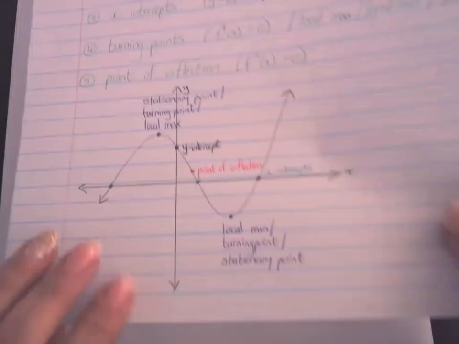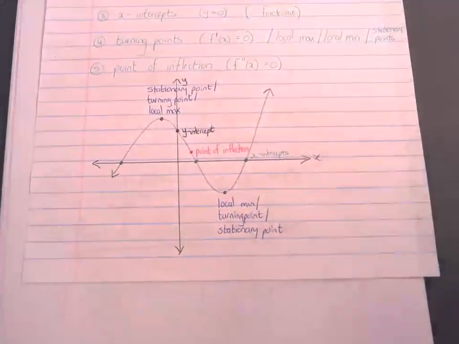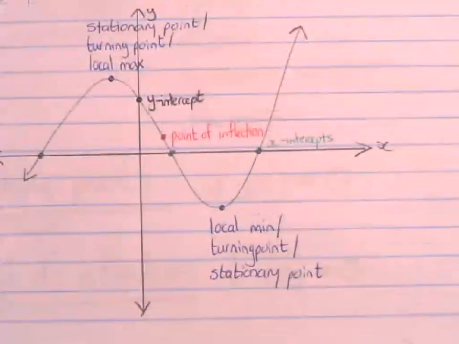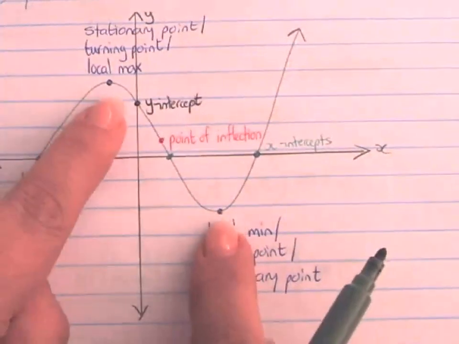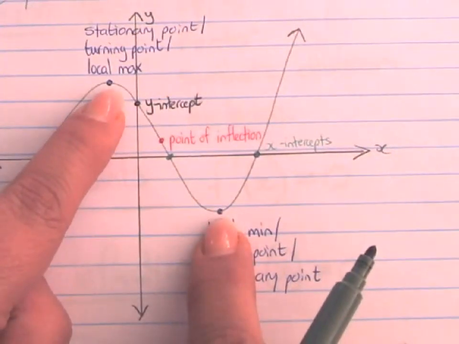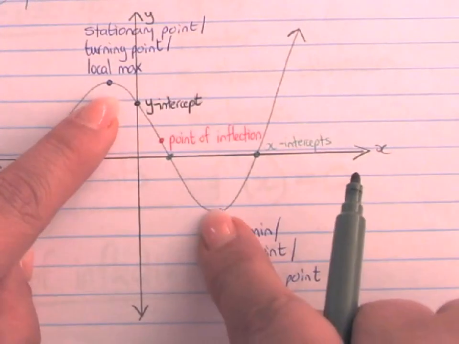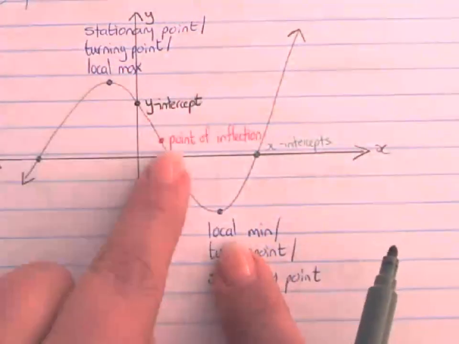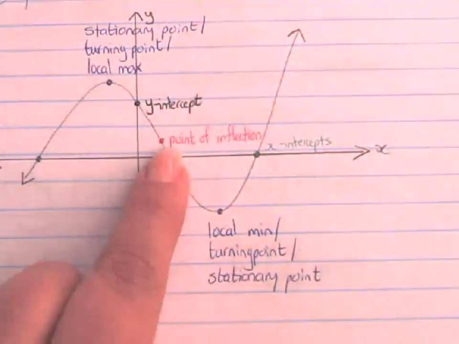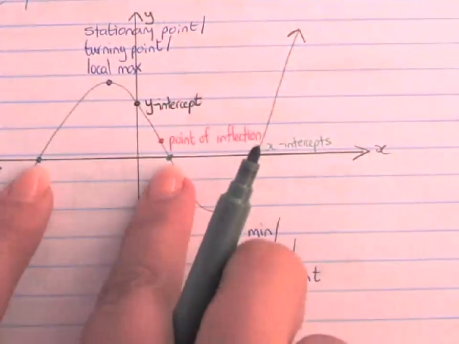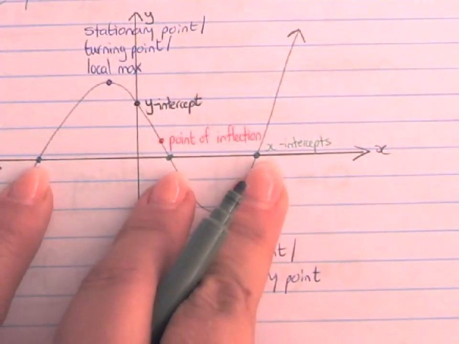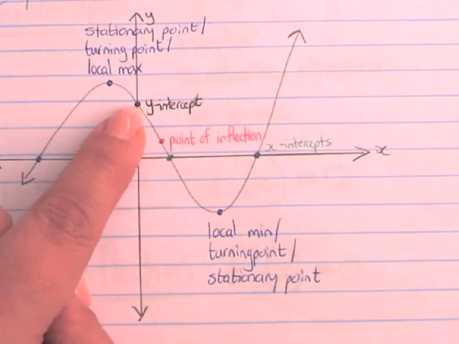Now I just want to show you here on the sketch. Those 2 points are my turning points. Halfway between the turning points, we get the point of inflection. We also have our 3 x-intercepts and 1 y-intercept.